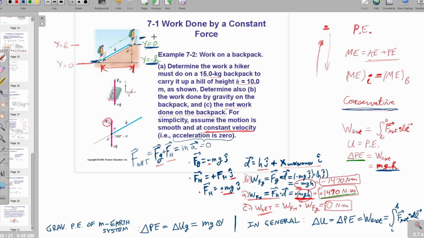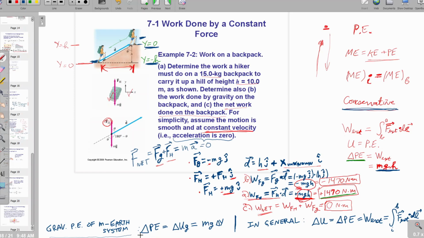Okay, now let's make sure that we're being technically precise about this. So this is the gravitational potential energy of the mass Earth system. To say that it is the gravitational potential energy of the backpack of mass m is not quite precisely right. The right way to think about it is that it is the gravitational potential energy of the mass Earth system. So the two objects in combination technically possess the potential energy.